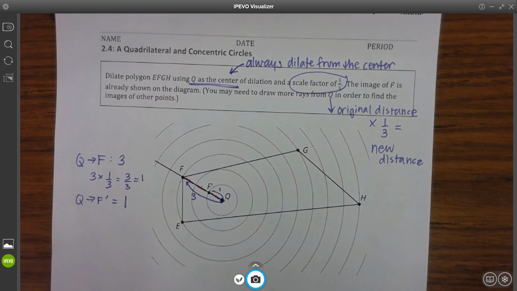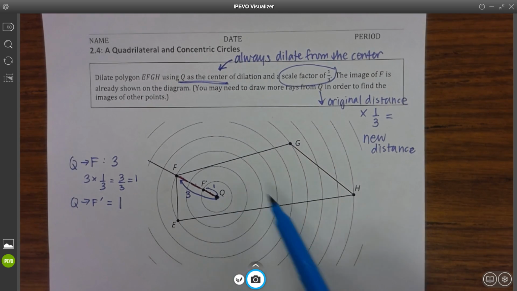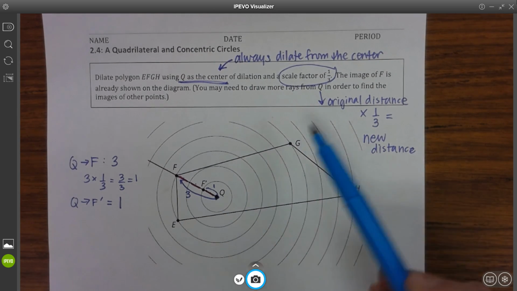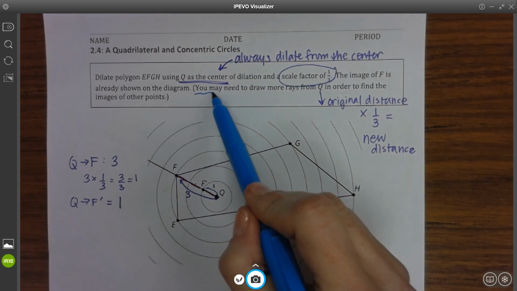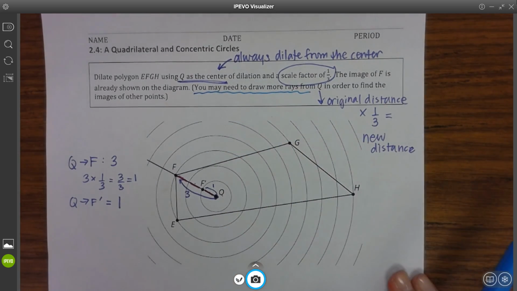Now that all seemed fine until we get to my next points, because I don't have any of those lines. The last grid gave us lines. If you are not given the lines, you have to make them. You may need to draw more rays.